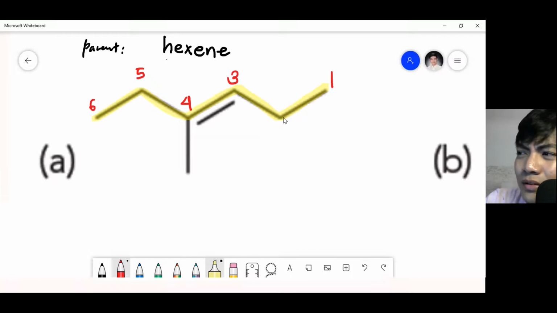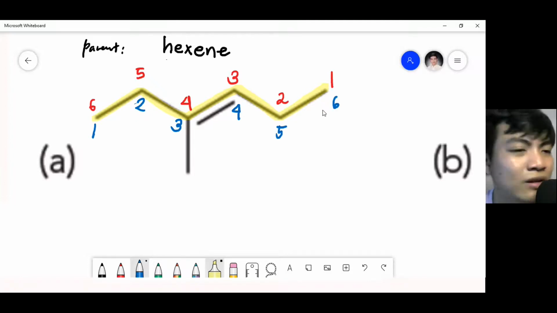Let me continue the numbering. However, if we count from left to right, saan mag-start yung double bond mo? Still at carbon number 3. So in both directions, the locant for your double bond will be 3. So wala tayong problema doon in our case, kasi parehas yan 3, both directions. Ngayon, where is the problem?